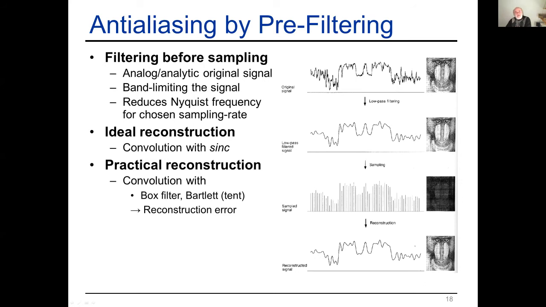Then we have a resulting function that doesn't have too high frequencies. Then I can hopefully sample it at high enough frequencies. I get no aliasing error, and then I can do hopefully a very good reconstruction and at least minimize the reconstruction error. Maybe even do it perfectly, but again, only in theory.